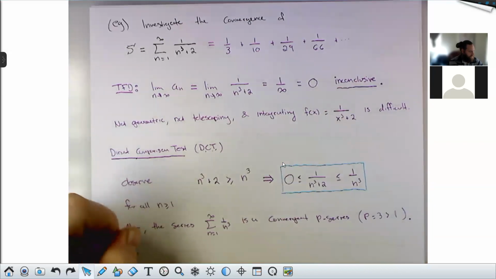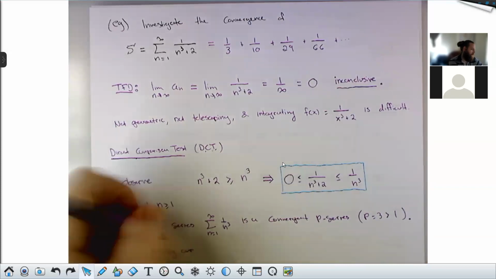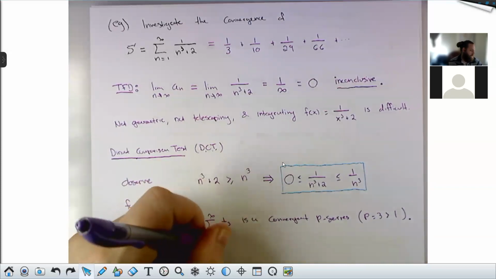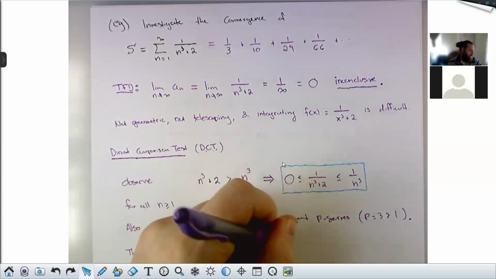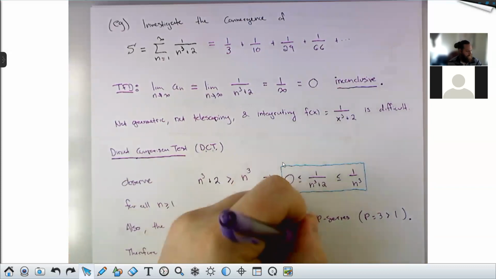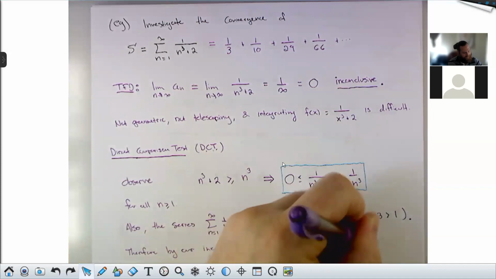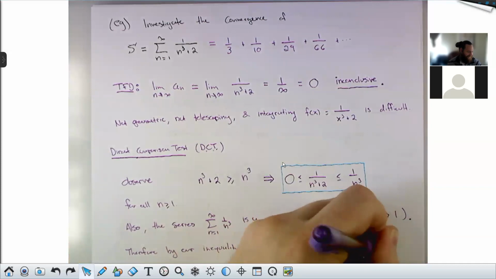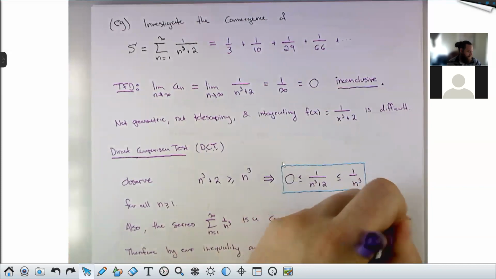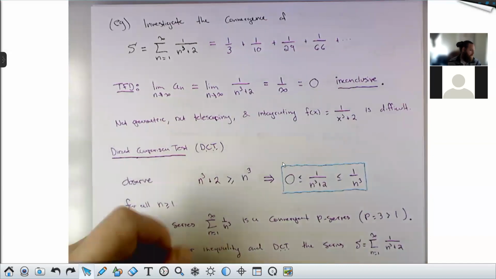Therefore, by our inequality and the direct comparison test, the series S equals sigma n from 1 to infinity, 1 over n cubed plus 2 must also converge.